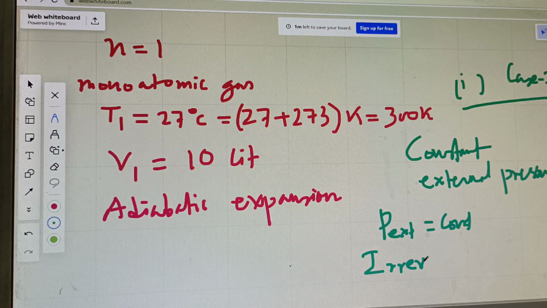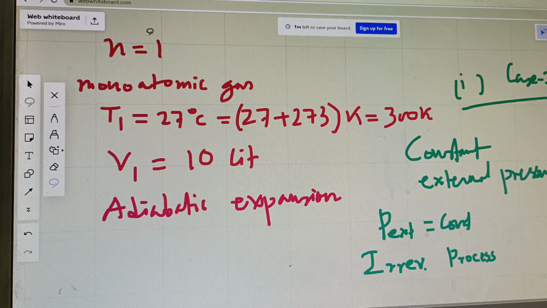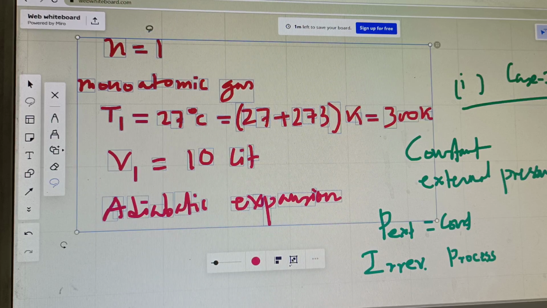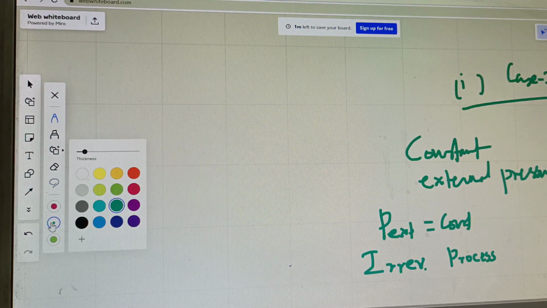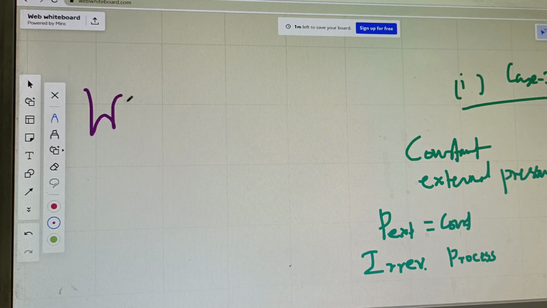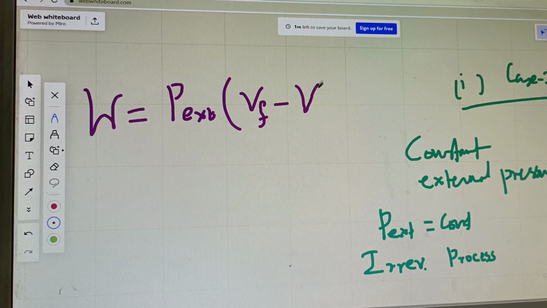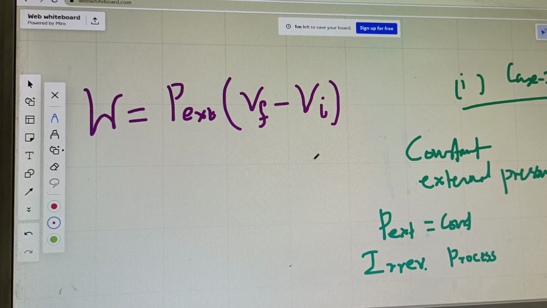For an irreversible process, we know the formula of work done: W equal to P external into final volume minus initial volume, that is V2 minus V1, or you can write it VF minus VI.